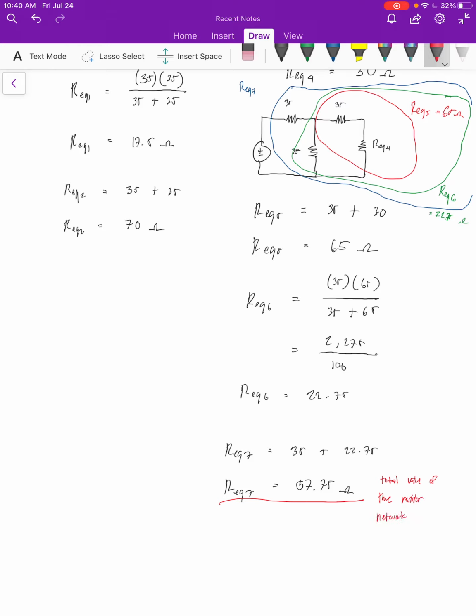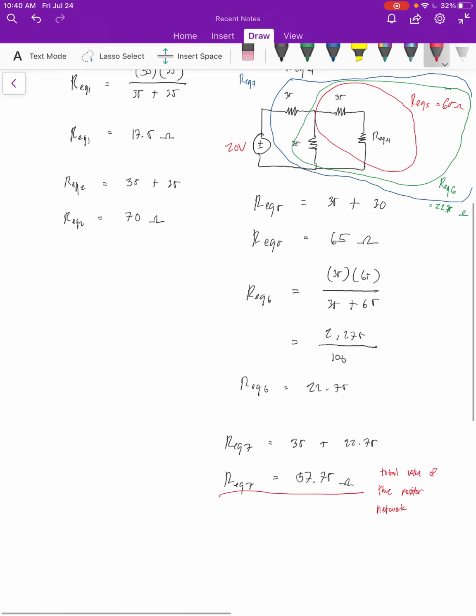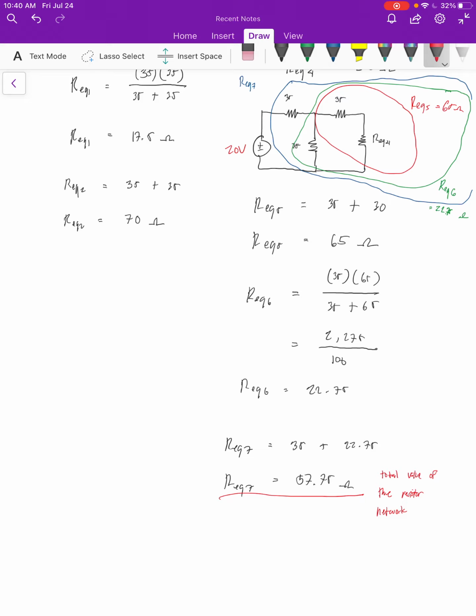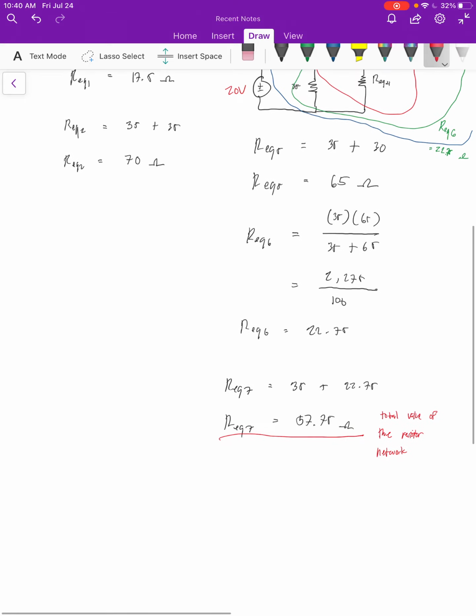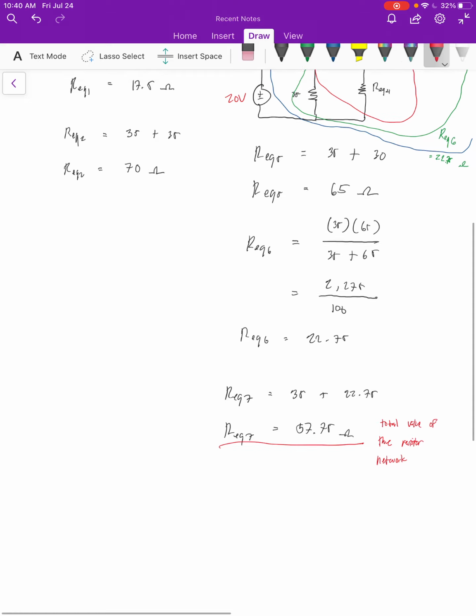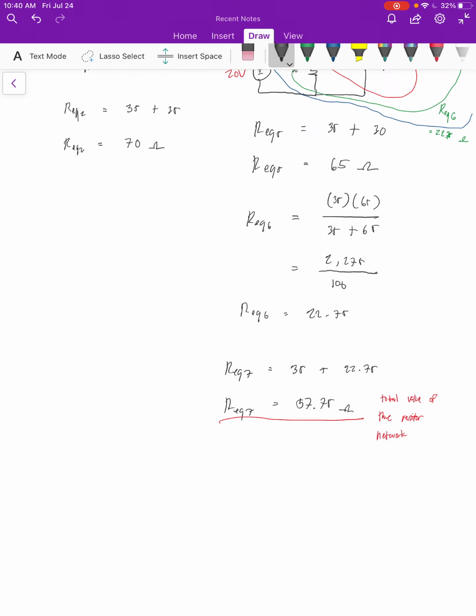This is also the value of resistance that our voltage source here is seeing. So since we have the voltage source, which is 20 volts, and we have the equivalent overall resistance of 57.75 ohms, we can now solve for I by Ohm's law.